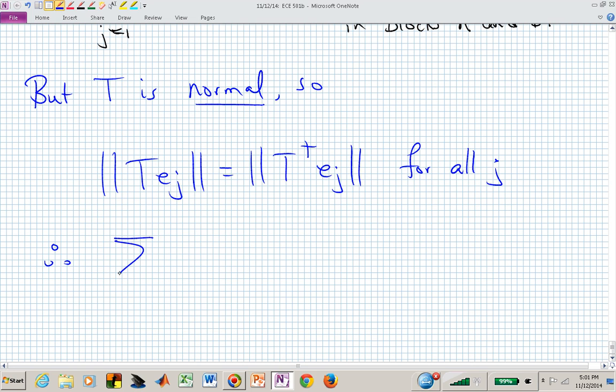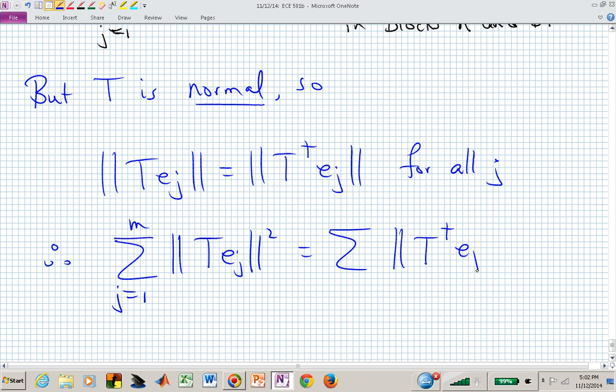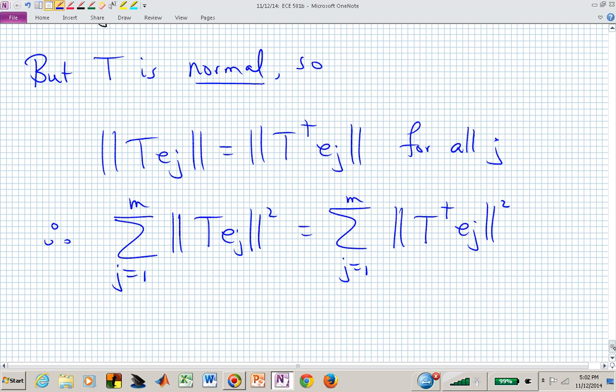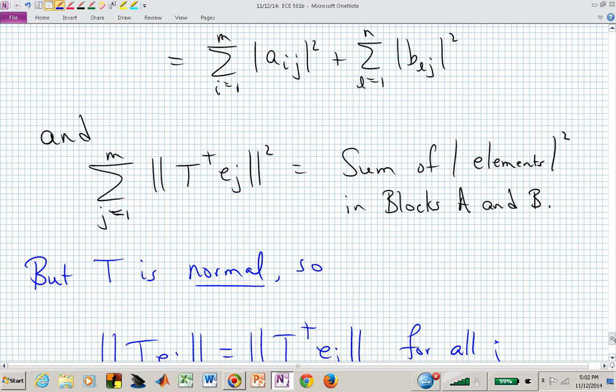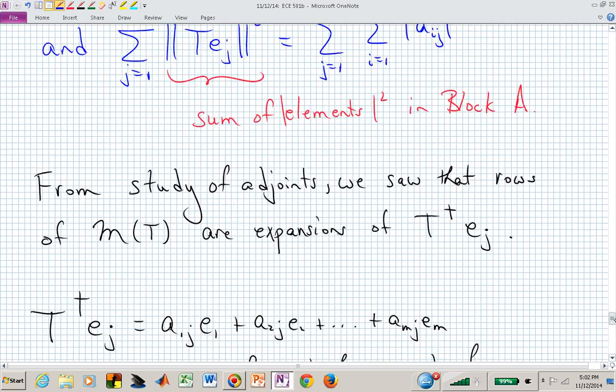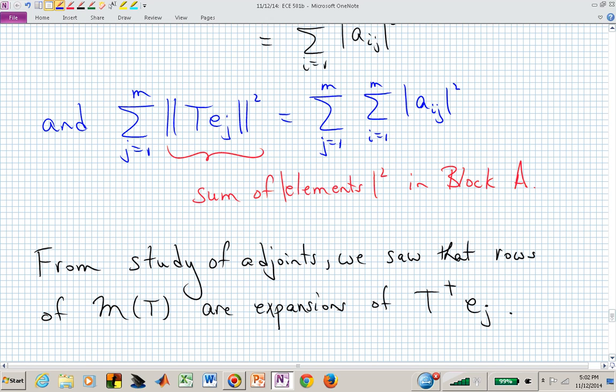That means then that if we look at the sum of j equal 1 to m of ‖T e sub j‖ squared, that better be equal to the sum of ‖T dagger e sub j‖ squared. If that's the case, then what can we say about this right-hand side when we look at it compared to this right-hand side?